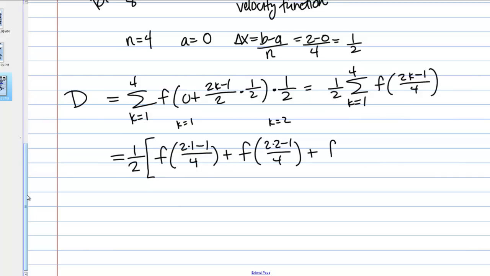Okay, k equals 3 gets me f of 2 times 3 minus 1 over 4. And 4 gets me f of 2 times 4 minus 1 over 4. Okay, so I'm just doing the sum, right? Doing it out long ways.